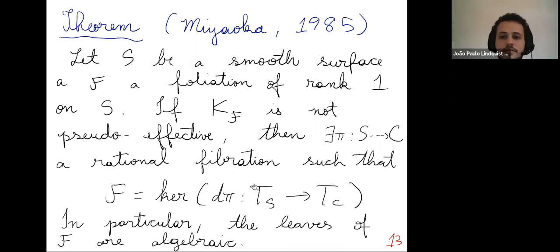Or in other words, the leaves of the foliation are rational curves, and in particular the leaves are algebraic. So this is one example of the main problem we are trying to study: showing when a foliation has algebraic leaves.